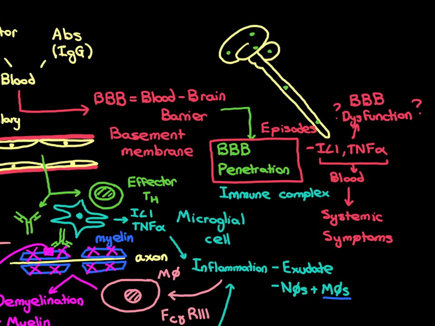Now, another thing to point out is that if we believe this theory of what causes this episode of blood-brain barrier penetration, i.e. that it's high circulating pro-inflammatory mediators specifically, then it may be the case that stage 3 and stage 2 often occur together, because remember, stage 2 was caused by a pathogen infecting some tissue within the body and then managing to activate the autoreactive adaptive immune system response.